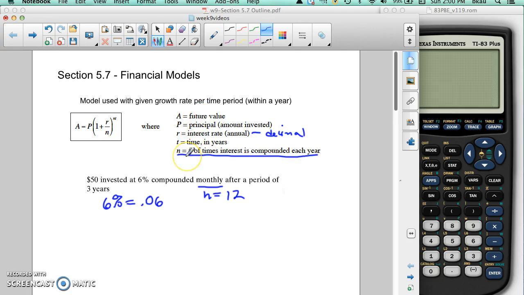So here's an example that we're going to use this formula for. We're going to invest $50 at 6% compounded monthly for a period of 3 years.